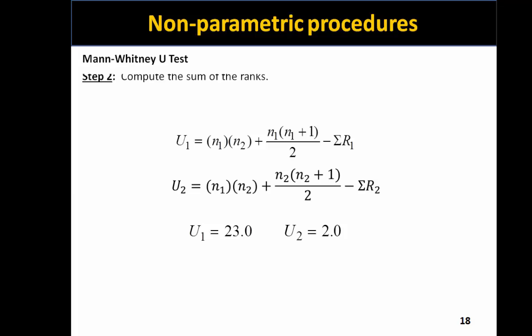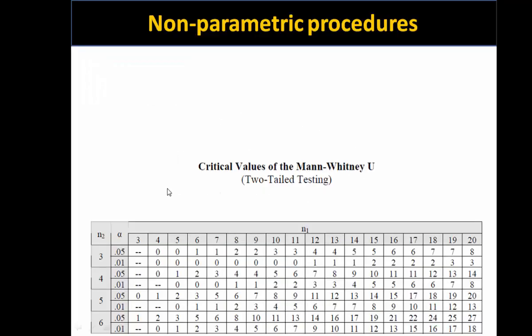And at this point, with the Mann Whitney U test, after the sum of the ranks are computed, the equations that you see indicated here are then used to calculate two Mann Whitney U test statistics. That would be U1 and U2.